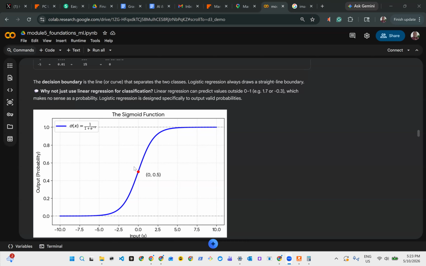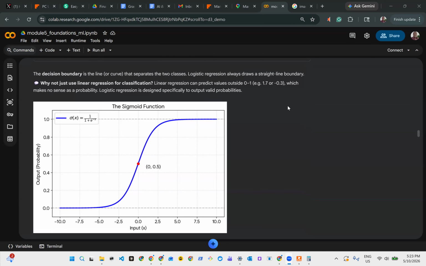So in a linear regression, we predict numbers as we have established earlier on, but in a logistic regression, we output probability, squashing the linear regression output into a probability value like 50%, 30%, or something like that.